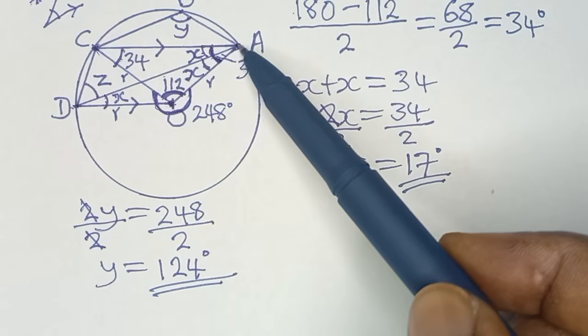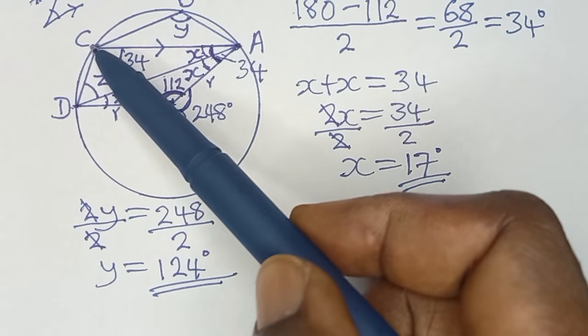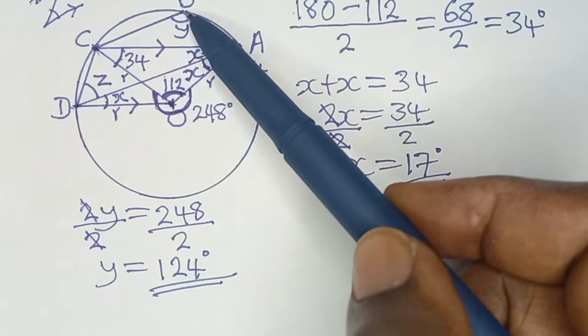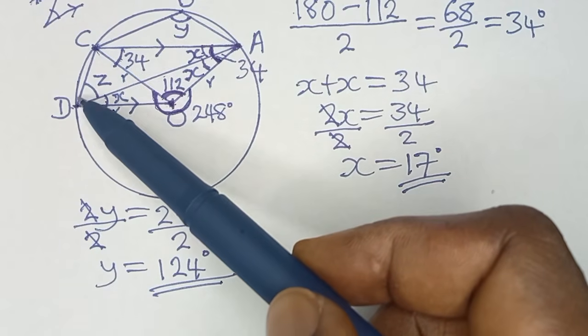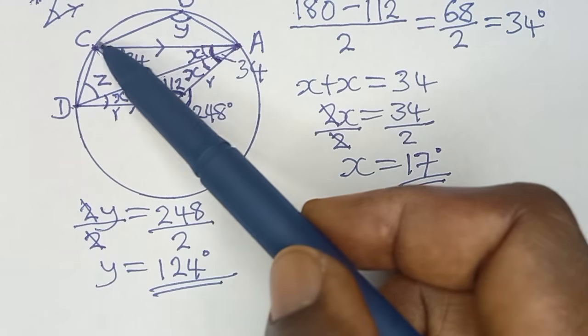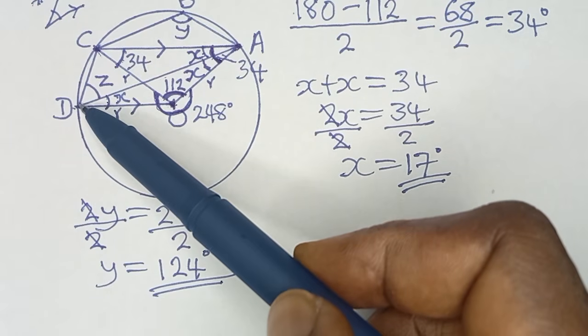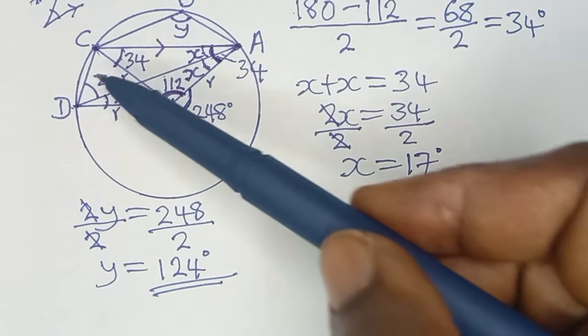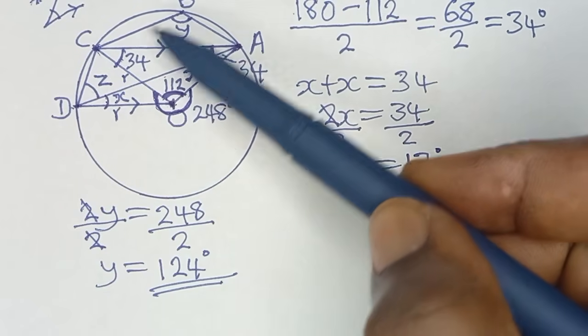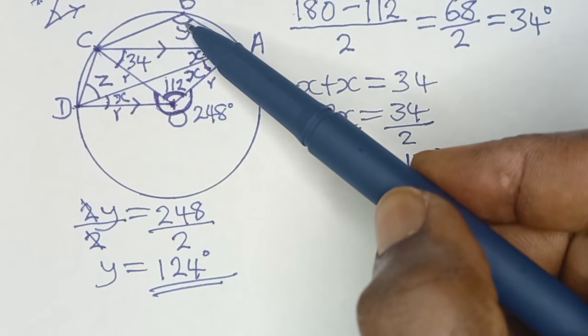So anytime you have a four-sided figure, which is a quadrilateral, with all the angles on the circumference of the circle, then what you need to know is that it is a cyclic quadrilateral. That shape is a cyclic quadrilateral. And don't forget that for a cyclic quadrilateral, the opposite angles are supplementary. The opposite angles of the cyclic quadrilateral are supplementary.